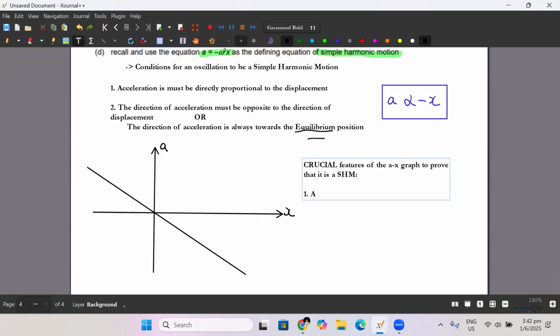First one, acceleration is directly proportional, right? So this means it must be a straight line graph. Second, it must cut the origin. So a lot of people forget this. Must remember, it must cut the origin. And finally, you also must have a negative gradient.